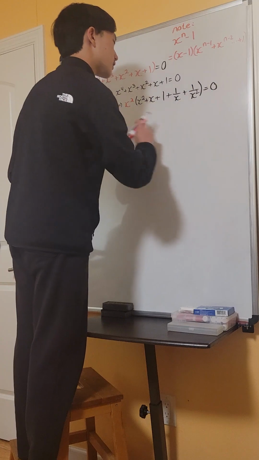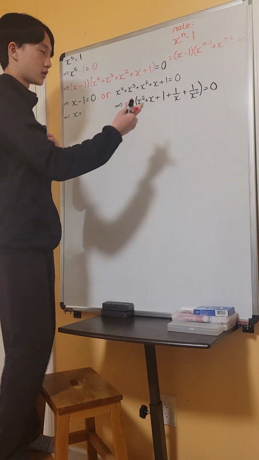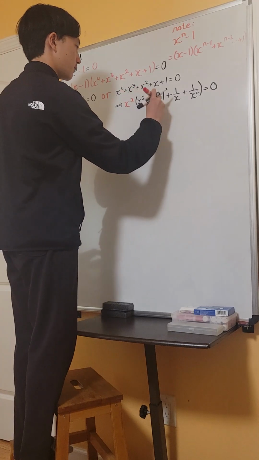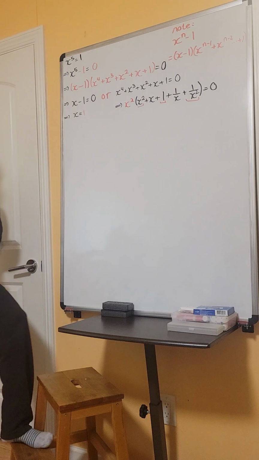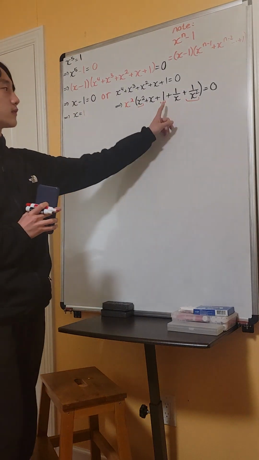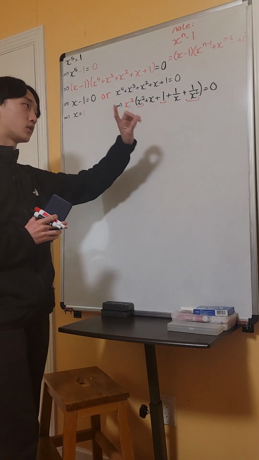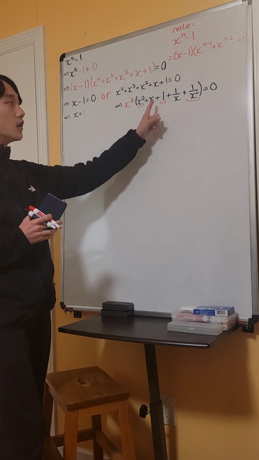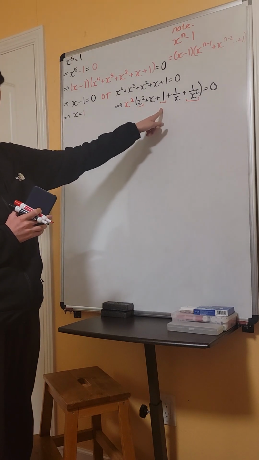Now notice that there's a nice symmetry, and we're going to take advantage of this. This term and this term right here almost form a perfect square trinomial. The perfect square trinomial would be x plus 1 over x all to the second power. The only difference is, if you expand it out mentally, this would be a 2 and not a 1.